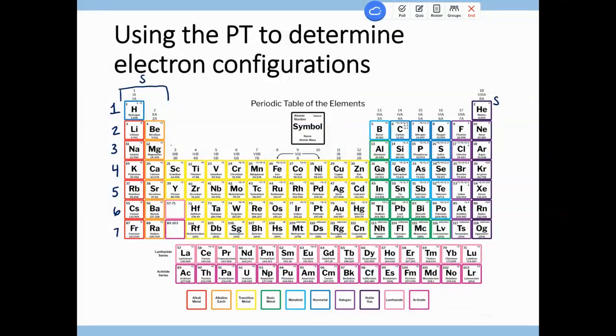The area with transition metals, this lower area here represents electrons in the d orbital. And then the 6 columns on the right represent electrons in the p orbital, except for helium. And then we have f and g for the lanthanides and actinides.